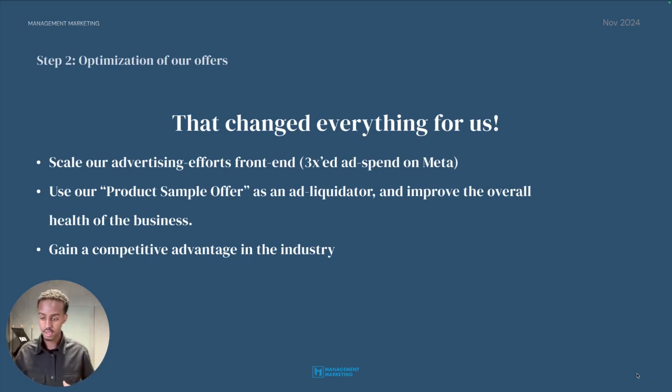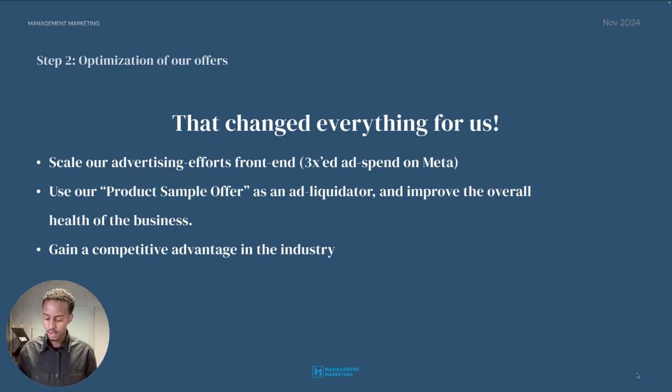the COGS of that order, meaning that previously when he got a sale of, let's say, for easy maths, 12,000 Danish kroner, he would essentially have his advertising spend and his COGS, which is cost of goods sold. But in this case, we can essentially eliminate our advertising spend from such an offer, because that is getting liquidated front end by our product sample offers.